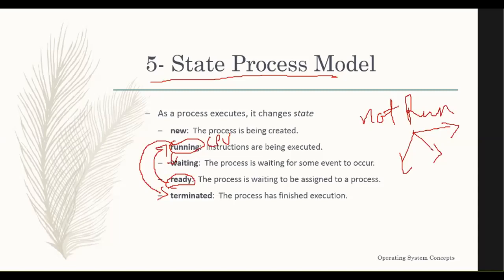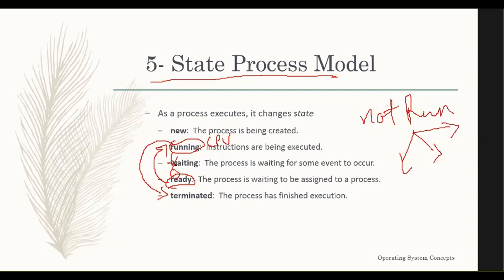For example, a certain IO event occurs, the process wants to display certain things, or the process wants to read certain new data, so it will wait for further instruction. Hence it is in the waiting state. Now from waiting, it will move once again into the ready state.